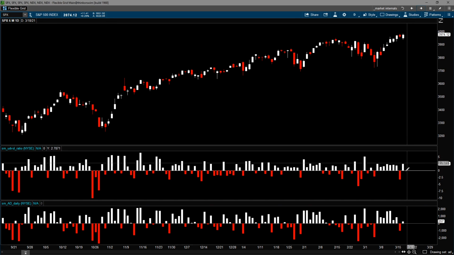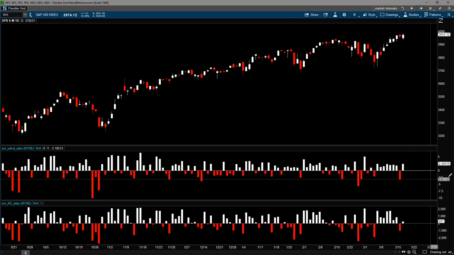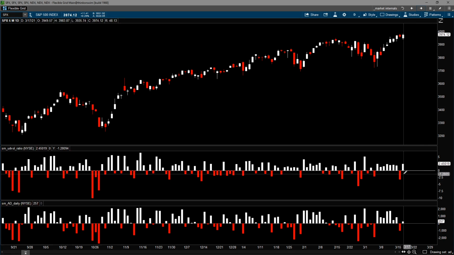And here's the up-down volume ratio. As you can see, the up-down volume ratio is only 2.45, but all in all, it was negative throughout the morning session. When we look at the intraday chart, it was pretty much negative until after the Fed meeting, the Fed announcement, then we saw it turn positive.